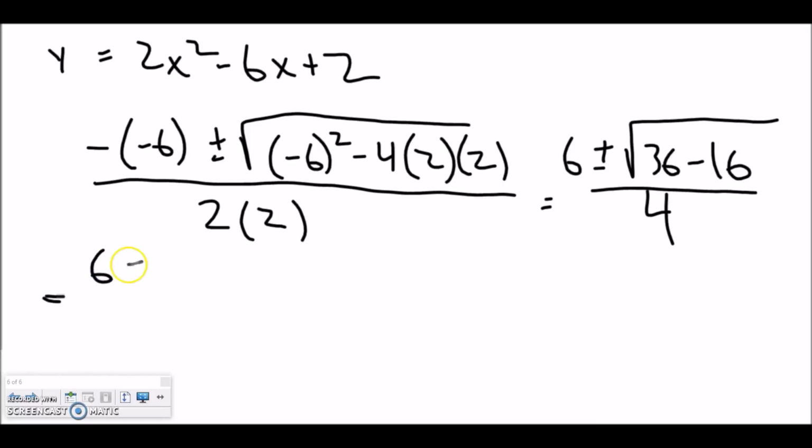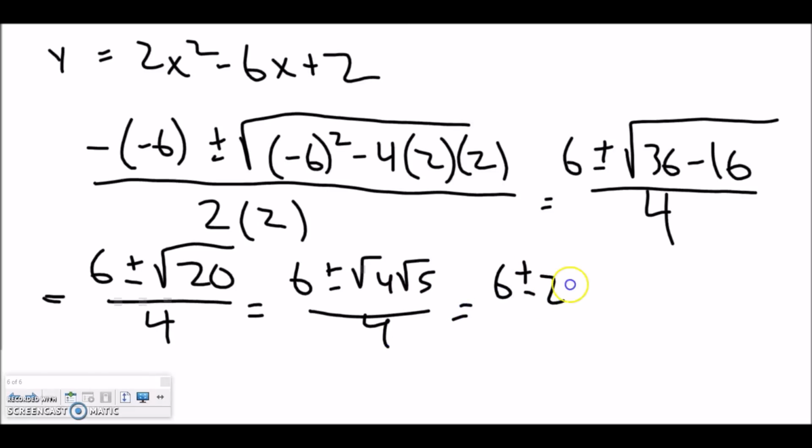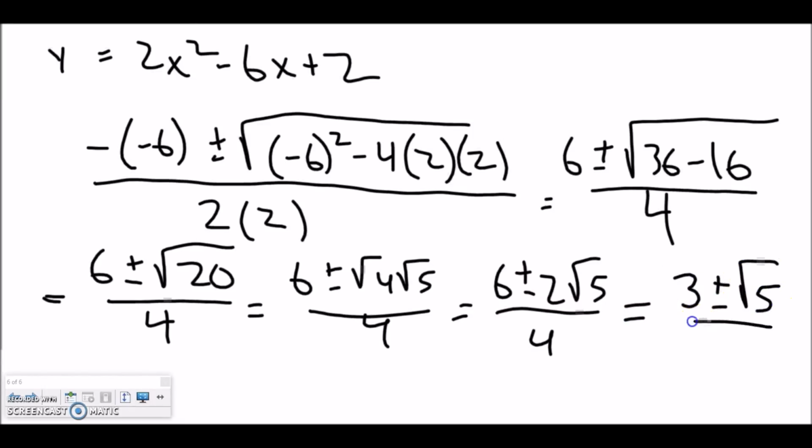That is 6 plus minus square root of 20 over 4. That is 6 plus minus square root 4 square root 5 over 4. That's 6 plus minus 2 square roots 5 over 4. And that, take a 2 out, 3 plus minus root 5 over 2.